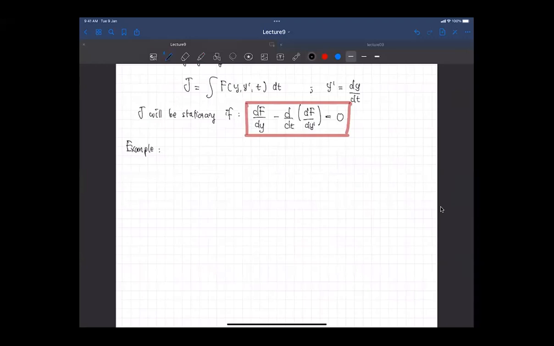Assume that you have 2 points, A and B. Now the question asked by Euler-Lagrange at that time: what kind of shape connecting A and B gives you the shortest distance? It is a straight line.